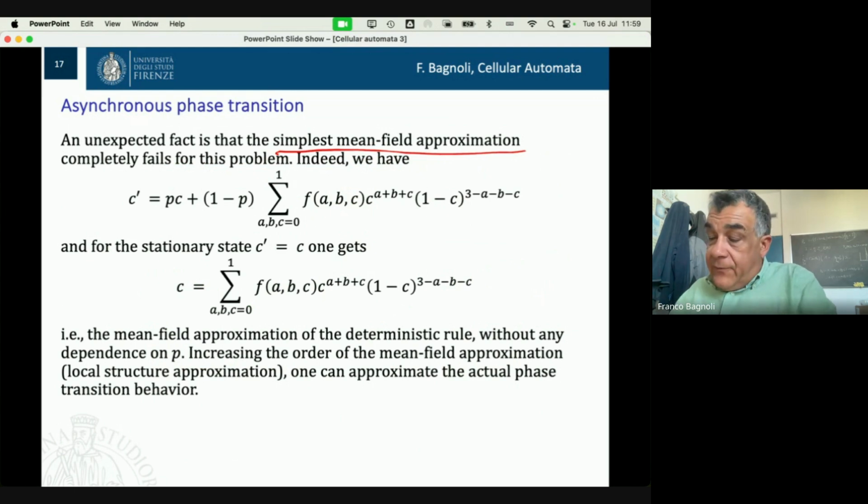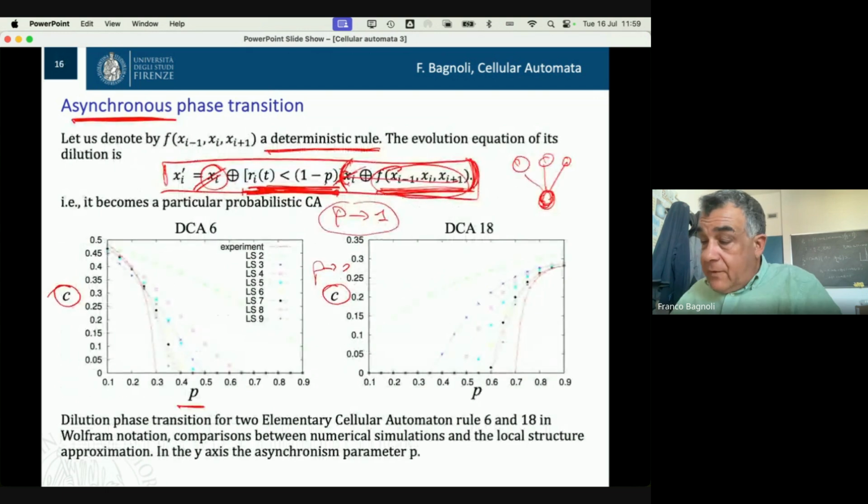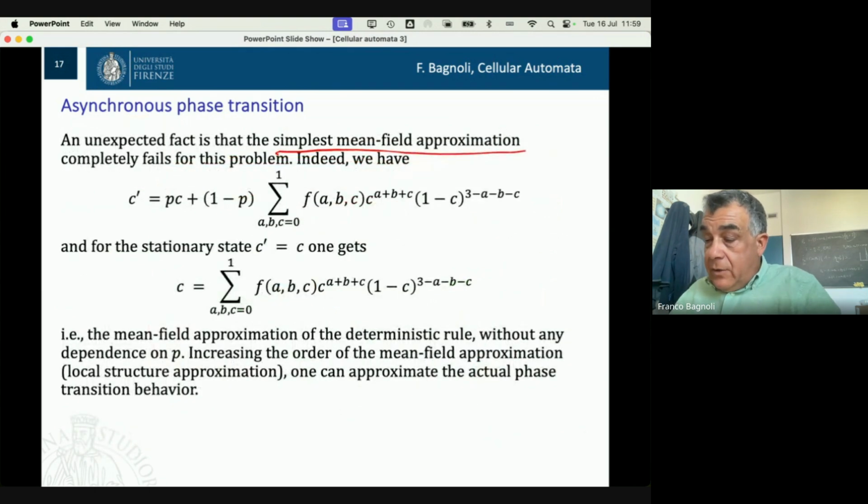Let's see. If I write the mean field approximation for this equation, you get something like this. With a probability p, you stay with the same density, and with probability 1 minus p, you apply the mean field.